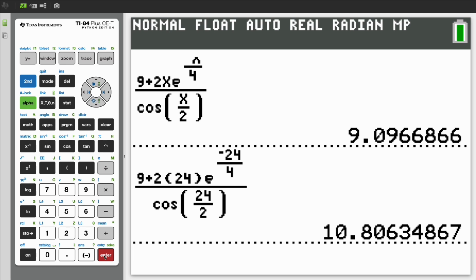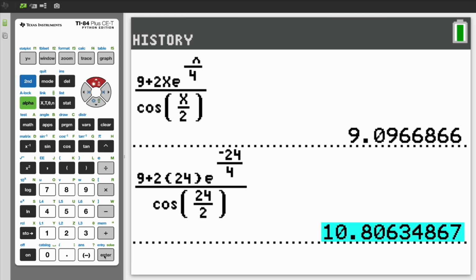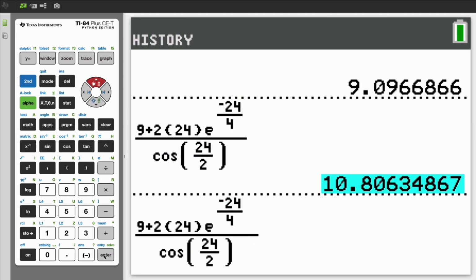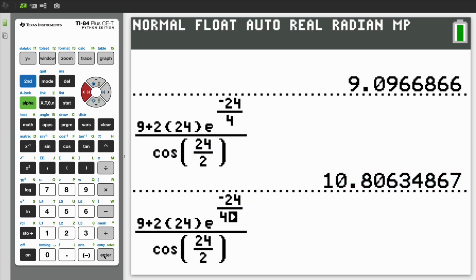Now it's time to do it for the f of 28. So what you do is you copy paste this function and just replace the x's with 28. So I'm gonna replace this with 28. This one here with 28. And this one here with 28.